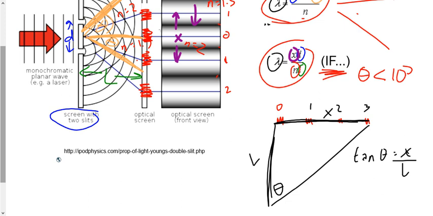So what I'm suggesting you do, what I suggested you do yesterday, and I'll remind you of that, is to do a little test, a little rule of thumb. Ask yourself, is L greater than 10 times x? If the answer is yes, then the angle will be less than 10 degrees every time. Now, if the answer is no, well, the angle could still be less than 10 degrees.